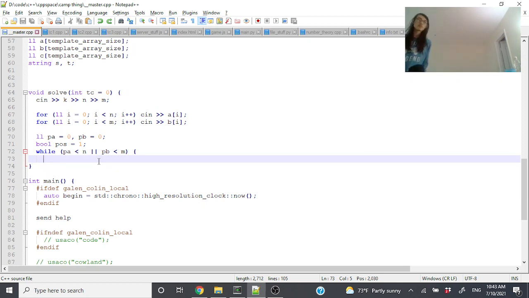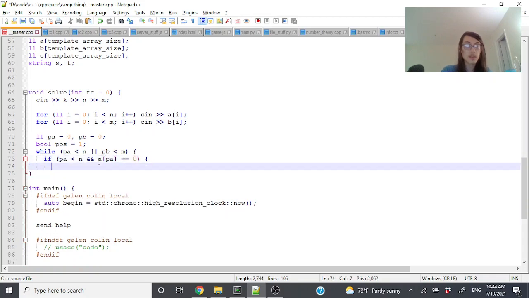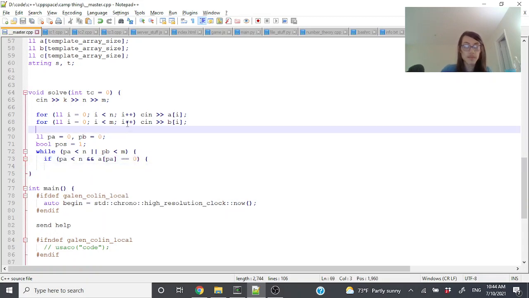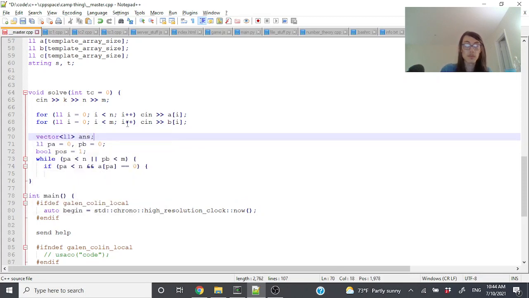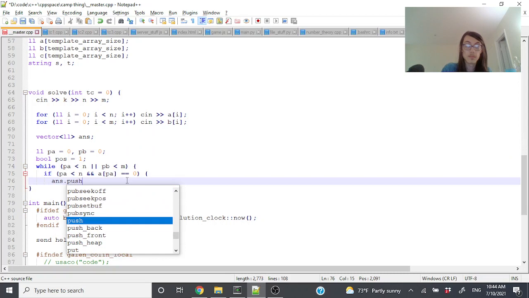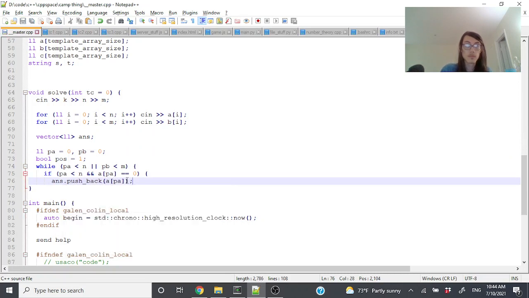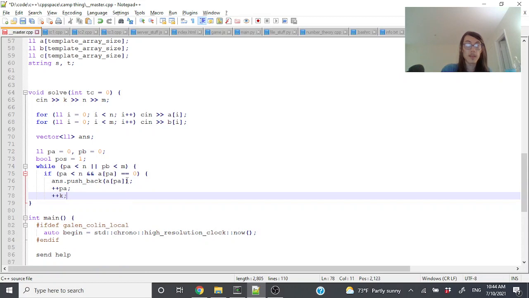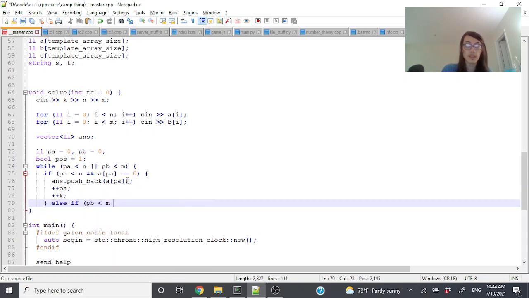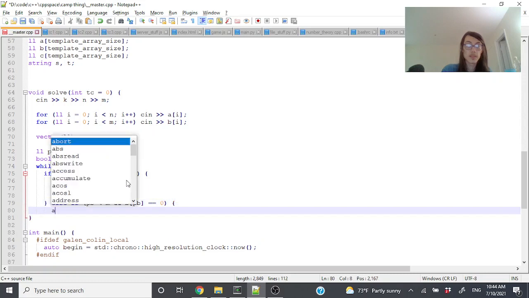Okay, so if PA is less than N and let's see, APA is equal to 0, then plus PA plus K. Else, if PB is less than M, BPB is equal to 0.